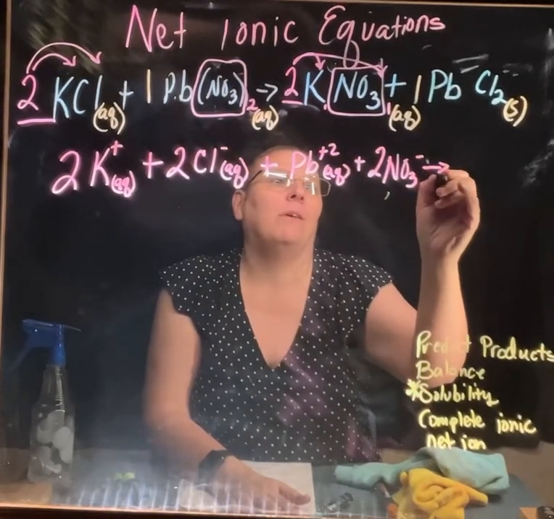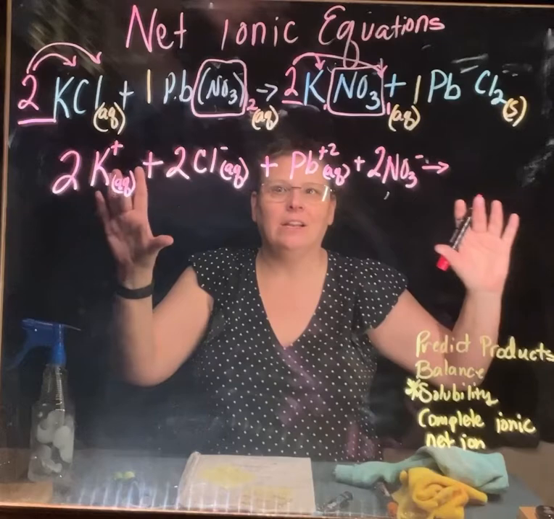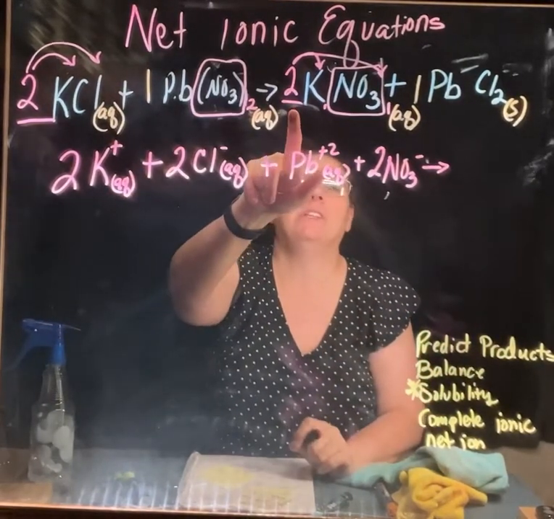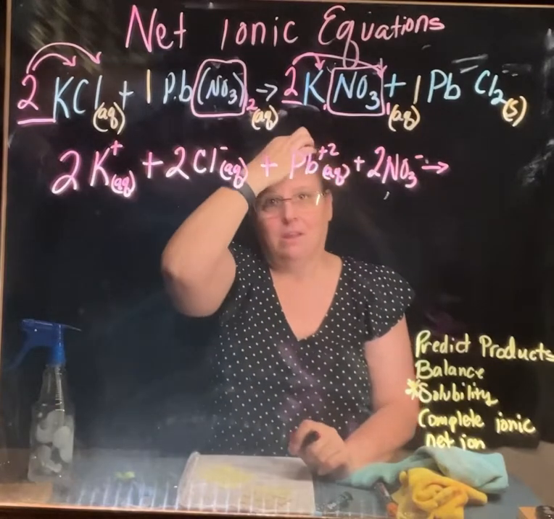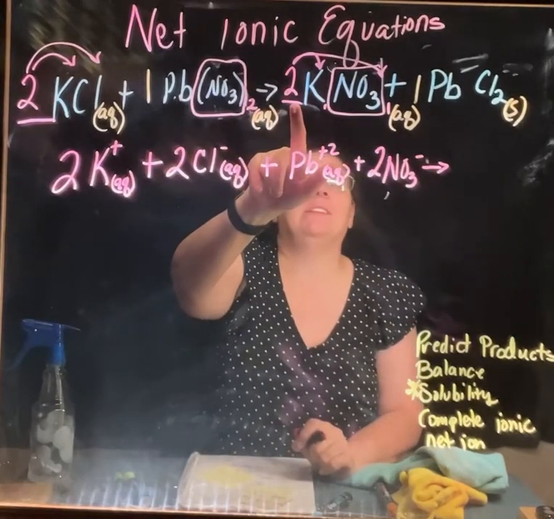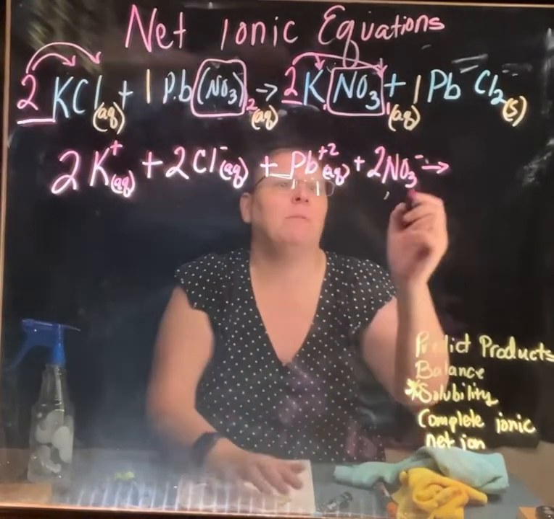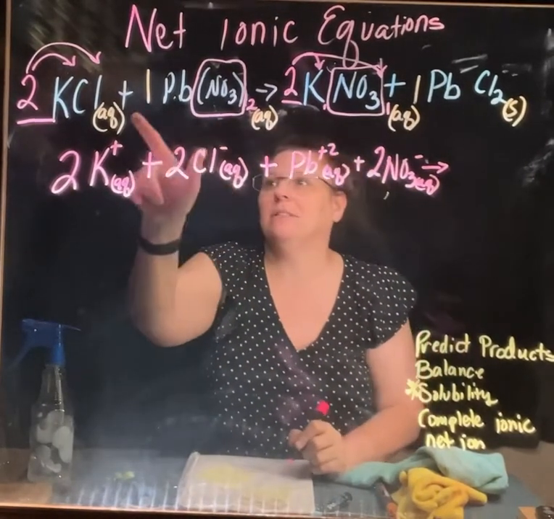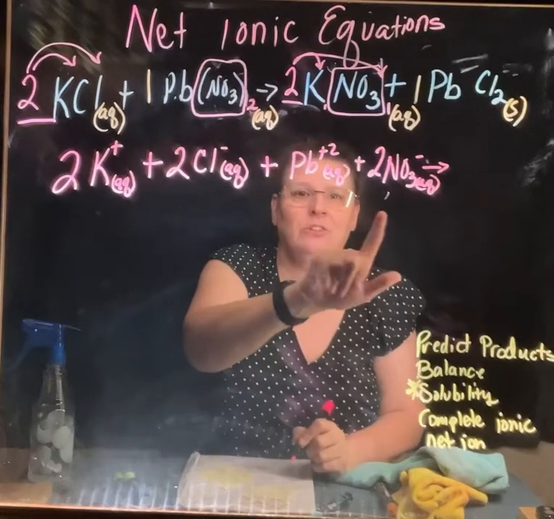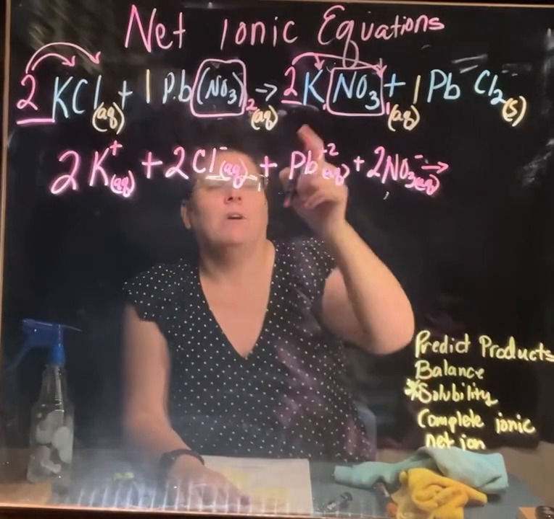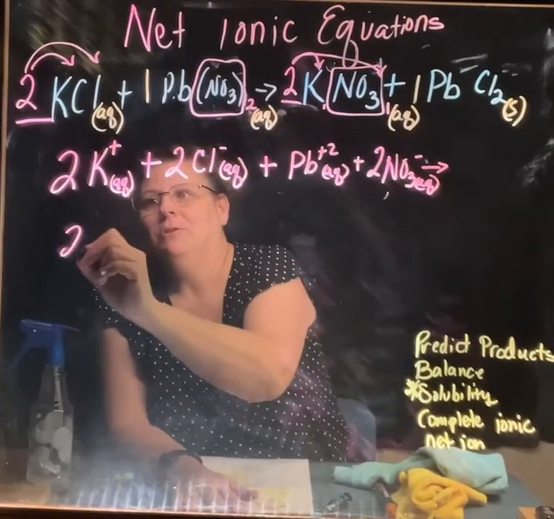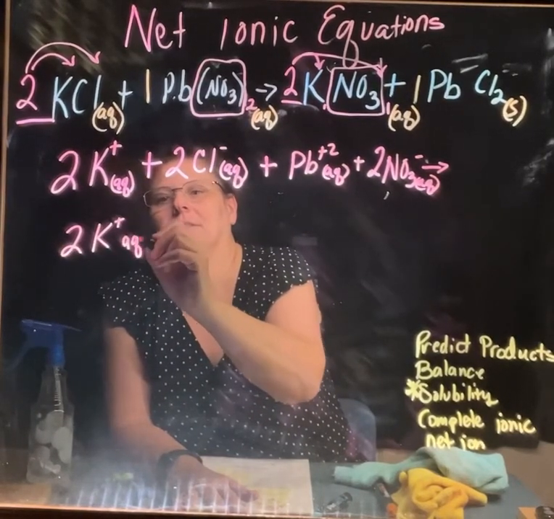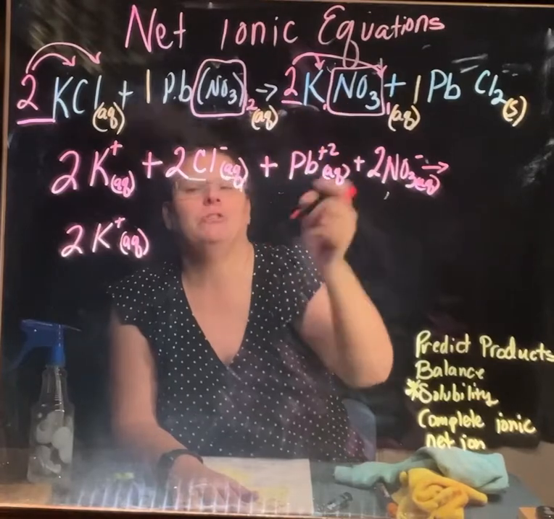Then we put our arrow, and this should all be on one solid line. However, my board is teeny tiny, so we're going to move on to the next one, and I'll put it down here. We're going to break this one apart because it's aqueous also. And remember, I forgot to put this as AQ. So anything that's aqueous gets broken into its individual ions. So I have 2 potassiums, and they're aqueous, because remember, it distributes.